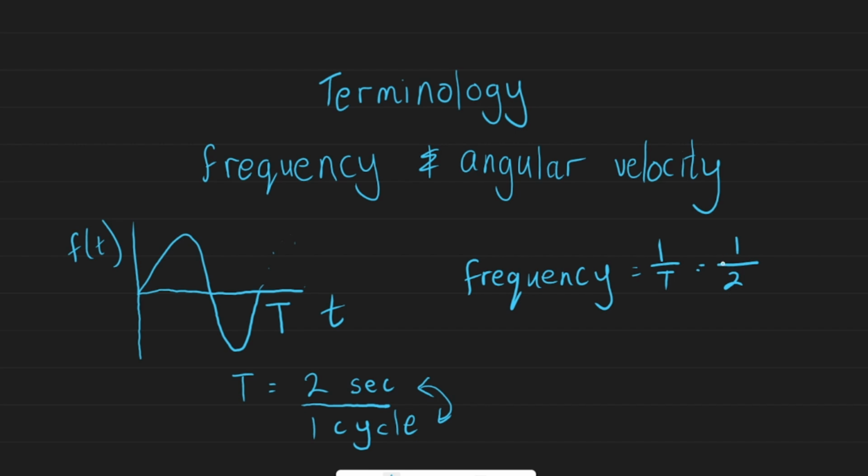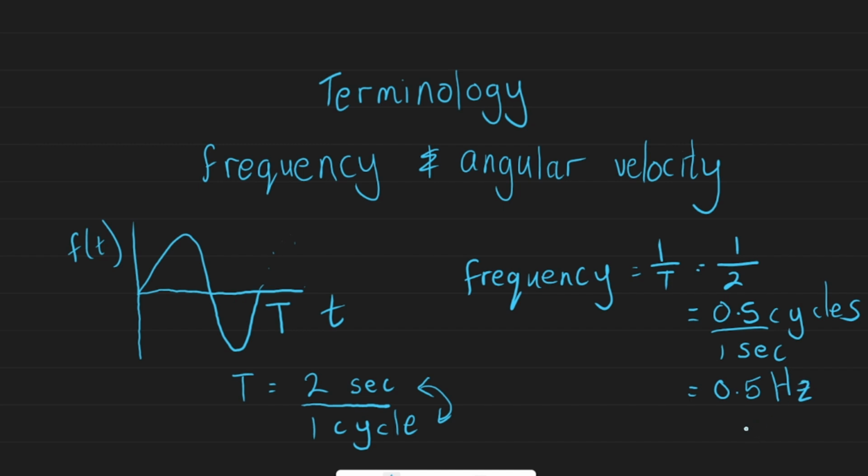In this case, we've inverted this period, so we're saying half, 0.5. It completes 0.5 cycles in 1 second. So this unit, cycles per second, is given the name hertz. So we would write 0.5 hertz.